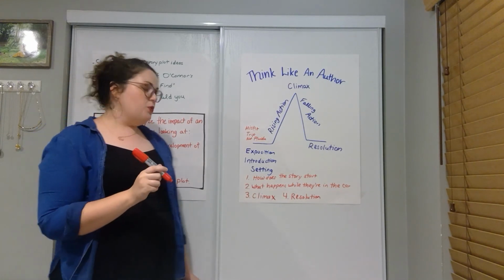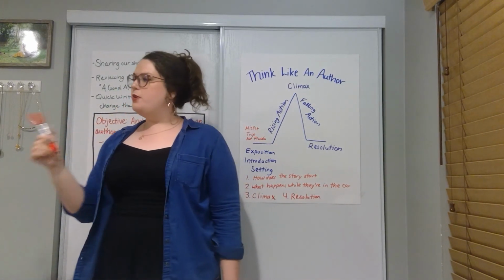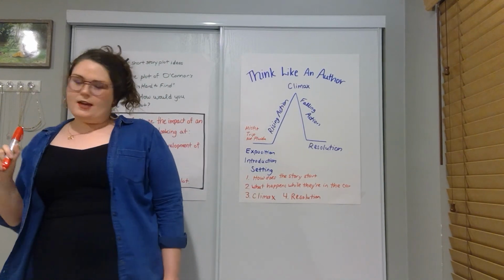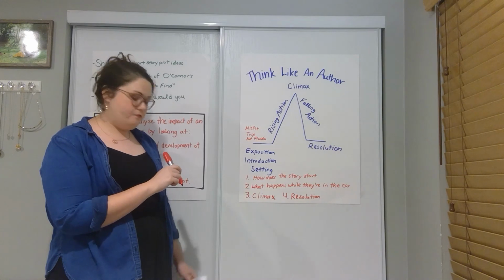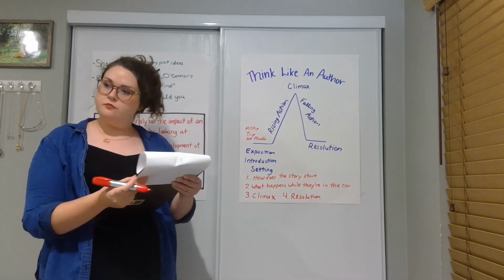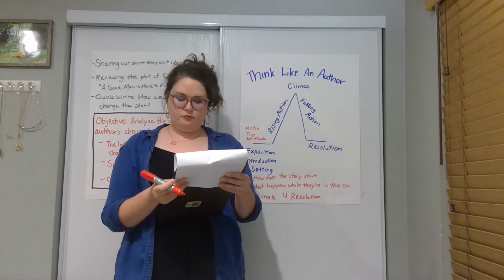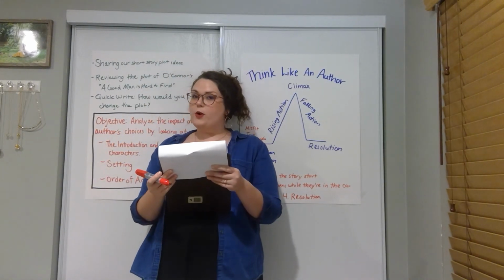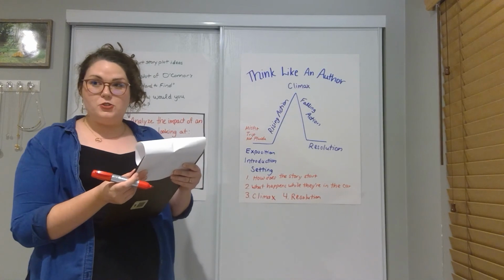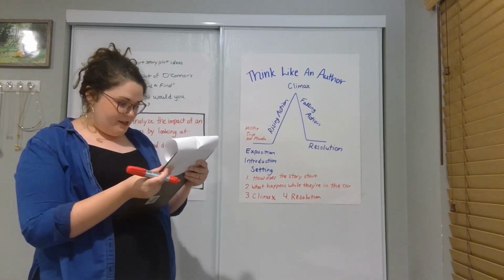Okay, group 2. Group 2, what did you guys discuss about what happens while they're in the car? Yeah, so the grandmother snuck the cat into the car. No one knows, right?